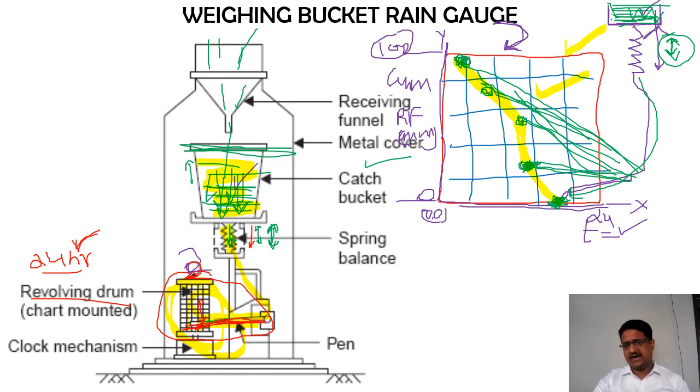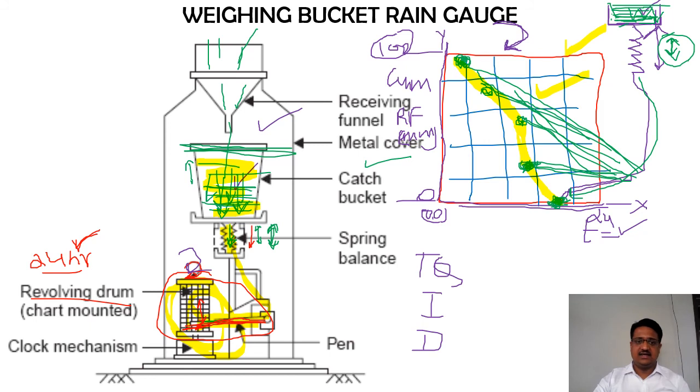So this is nothing but the rainfall mass curve. With this rainfall mass curve, you will be able to get all the things: first, the total quantity of rainfall that has occurred; next, the intensity of rainfall; and the third, the duration of rainfall that has occurred for the collection of rainfall data.